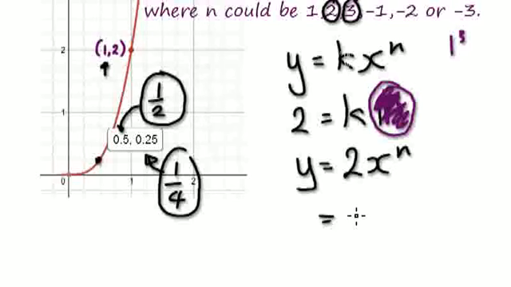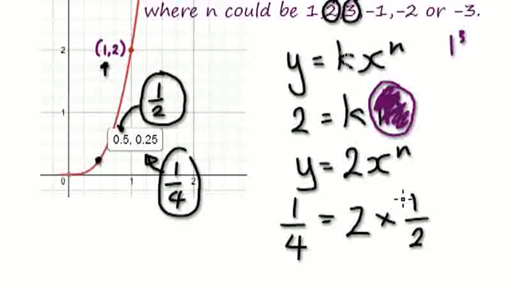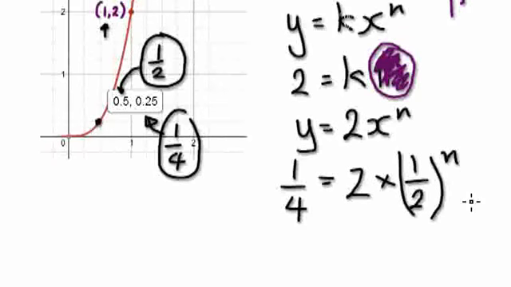So let's put that into this equation to try and find out n now. Y is a quarter, x is a half, so let's put this in to the power of n. We don't know what n is yet; we're trying to figure that out.